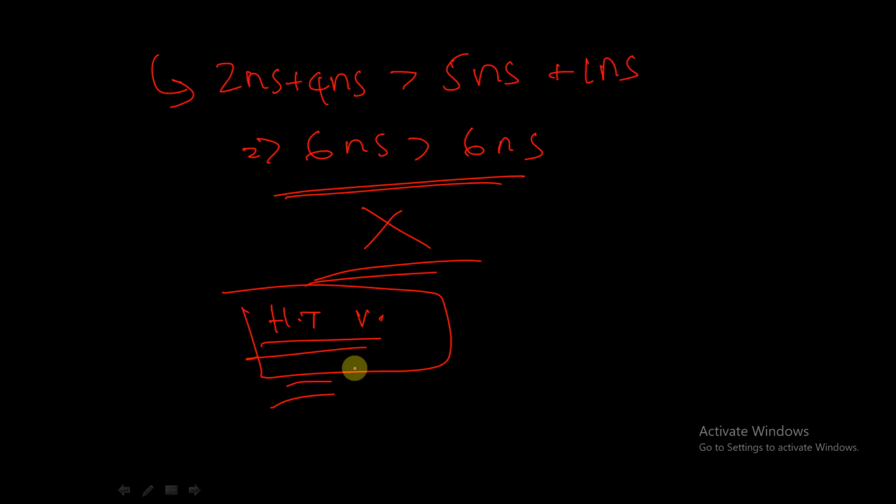So if we reduce the skew, the timing will be good and there will be no hold time violation. But if we increase the skew, there will be hold time violation.